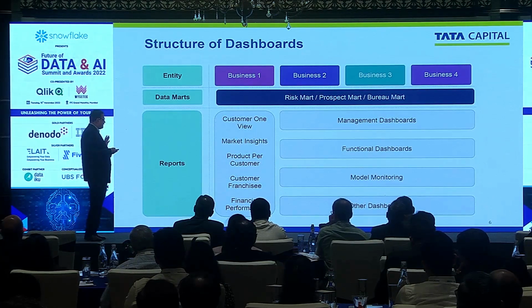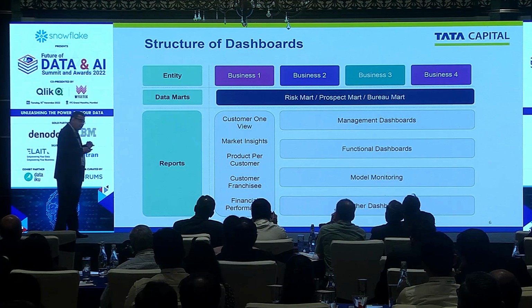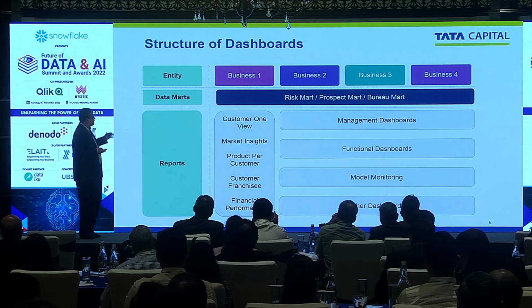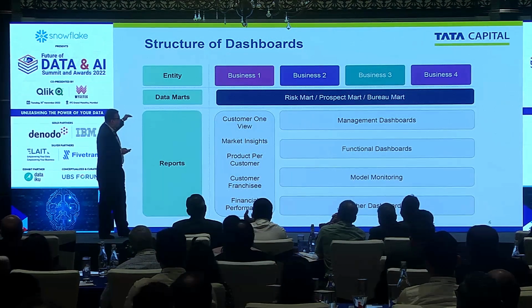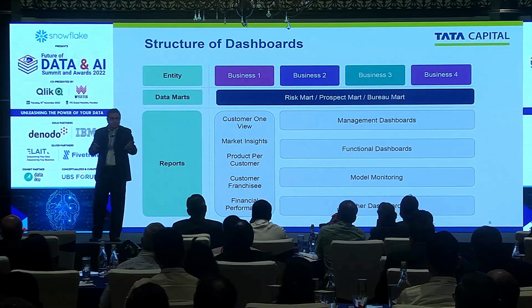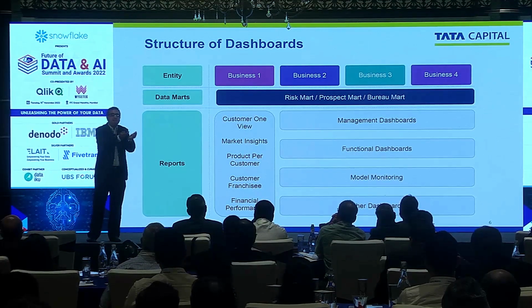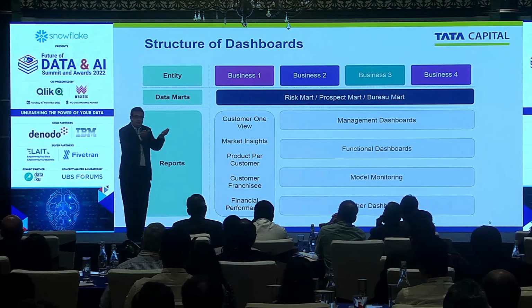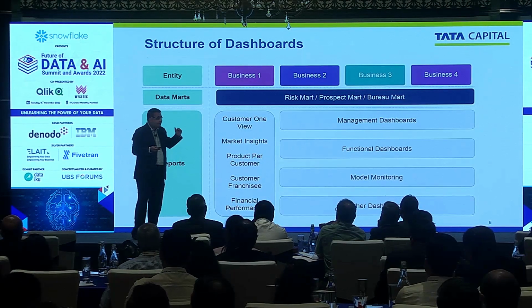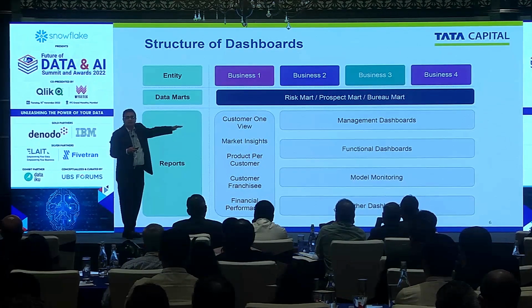Just to give you a classical definition of the structure: there will be different businesses, and we keep reading about data marts, what are they? Each function will build something that is a summary layer. There were 15 variables, 20 variables, 30 KPIs that are required. And what tends to happen is that you have something which cuts across most businesses.